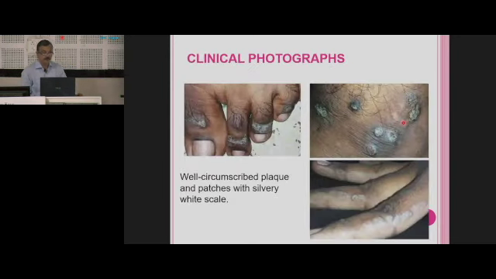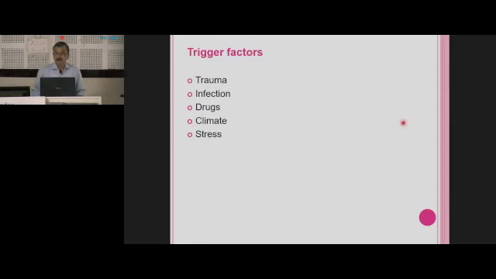The clinical photograph shows the scaly lesions in the extensor surface or in the joints. The psoriasis has various exacerbations and remissions. The trauma, infection, drugs, climate or stress may lead to the exacerbation of the lesion.